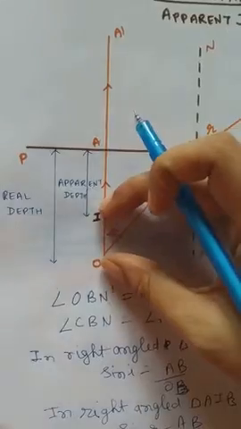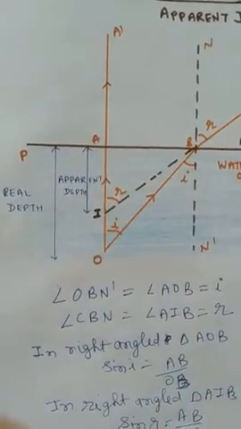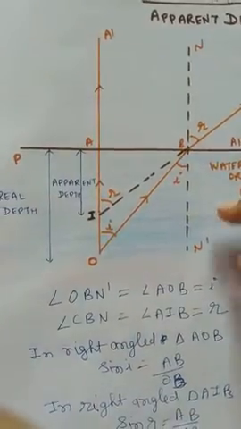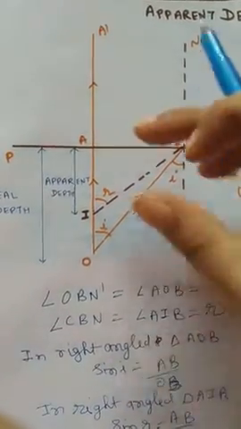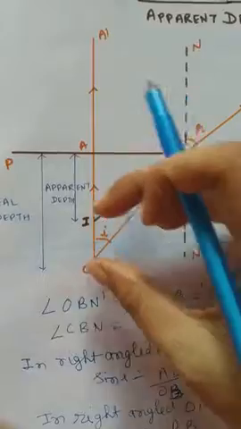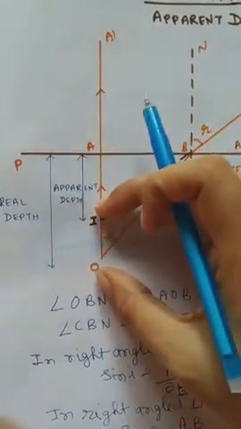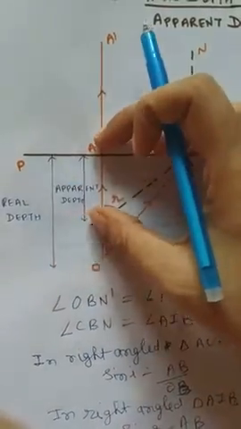Now this distance OI is known as shift. Because of refraction, when an object placed in the denser medium is viewed from the rarer medium, the image of the object is shifted by this distance. So this distance is known as shift, and the shift is the difference of real depth and apparent depth.